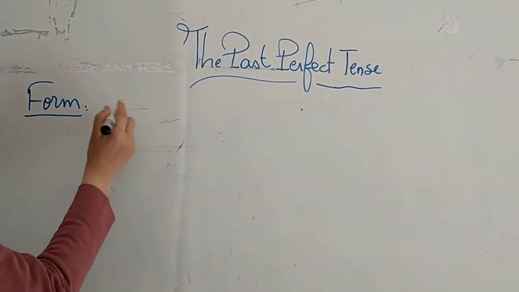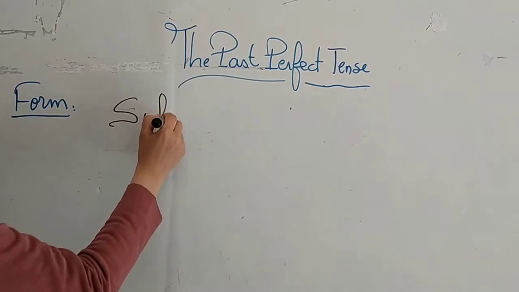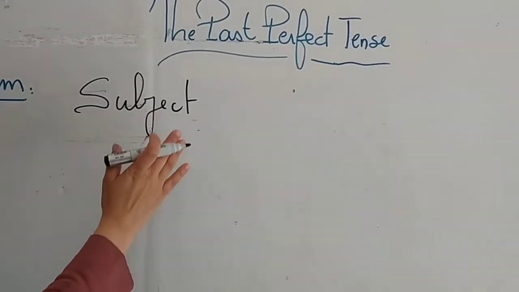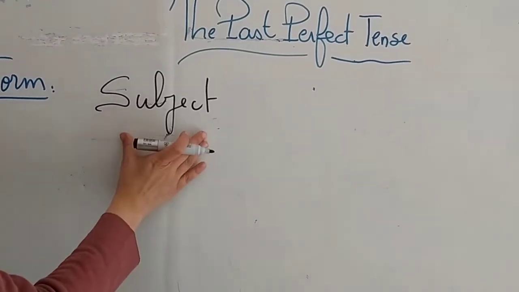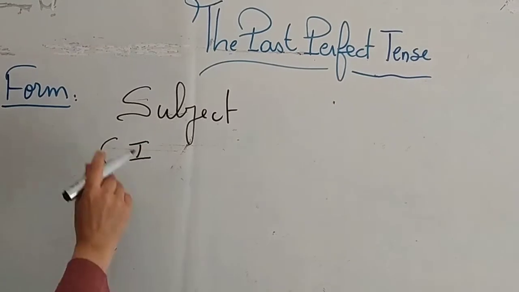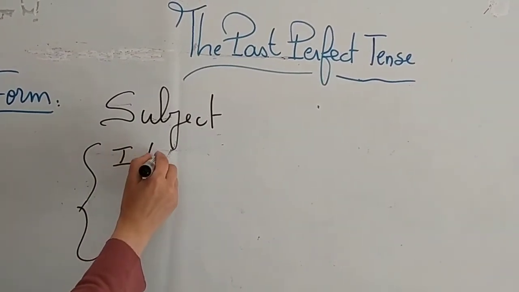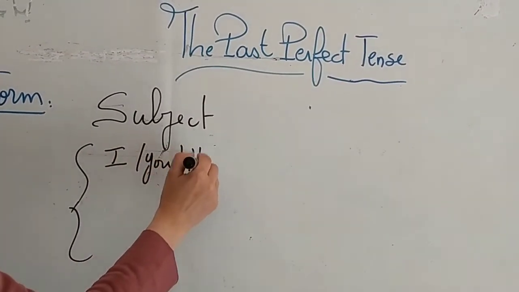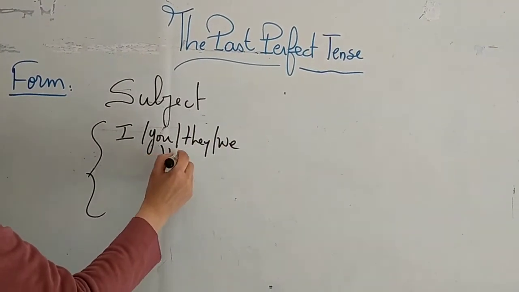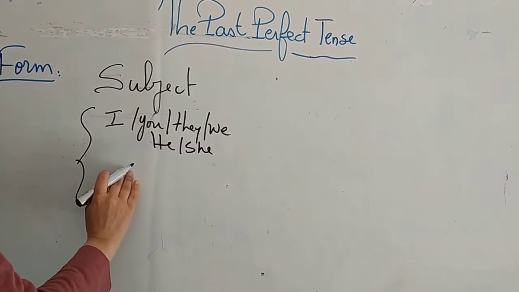Okay, the form is composed of, of course, a subject. We always start a sentence with a subject. And by the way, a subject can be a pronoun like I, you, they, we, he, she, or it.